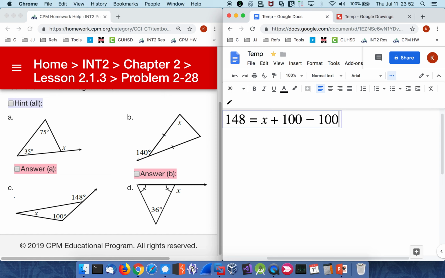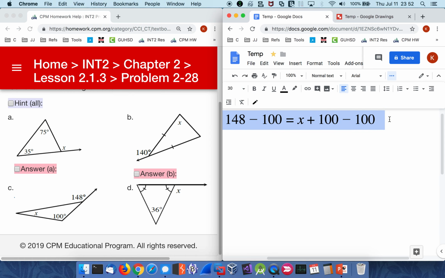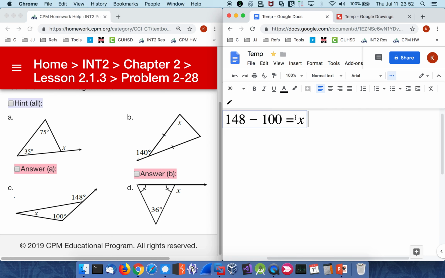Let's subtract 100 from both sides, which means these go away, and x equals 48. Yep, 100 plus 48 equals 148. There we go.